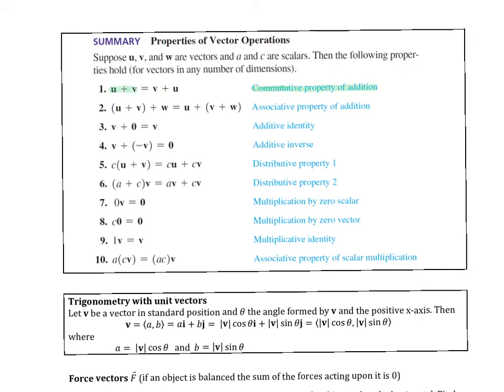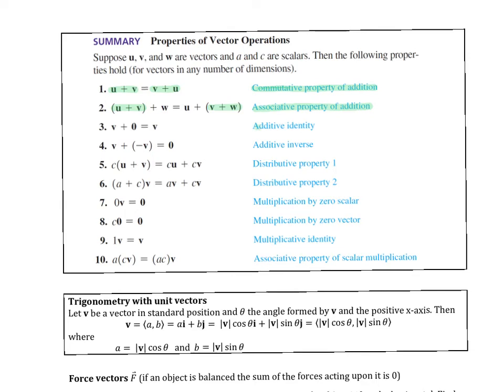So you can add vectors in either order and you get the same vector. We also have the associative property of addition, which says that if you are adding 3 vectors, it doesn't matter the order that you add. You can add the first 2 first, or the last 2, or any order, and the result will be equal.